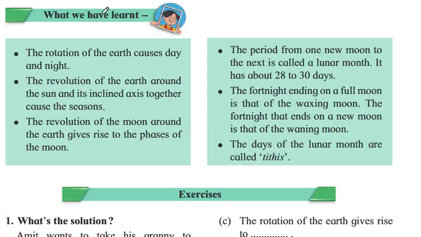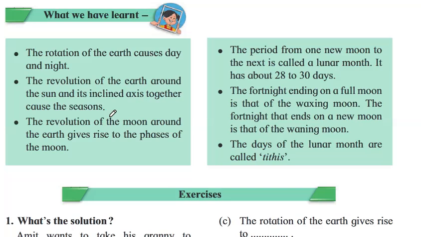What we have learned: the rotation of the earth causes day and night. The revolution of the earth around the sun and its inclined axis together cause the seasons.